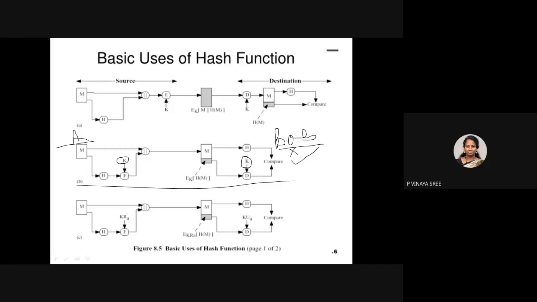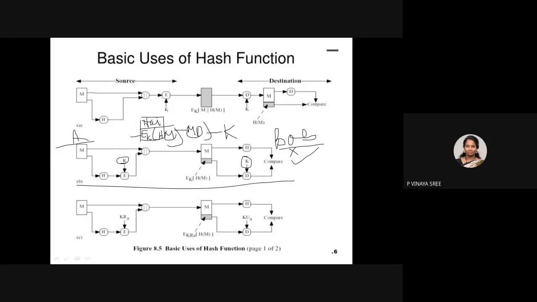Why? Because the plain text, "Hi, hello, how are you?", is sent as it is, and we append H of M, the message digest encrypted with key K. Why are we encrypting this actually?